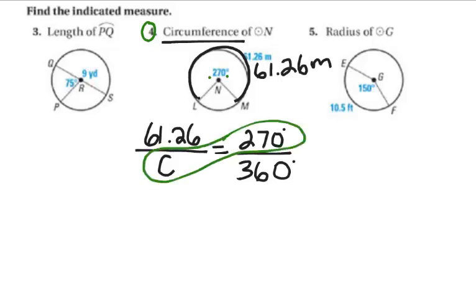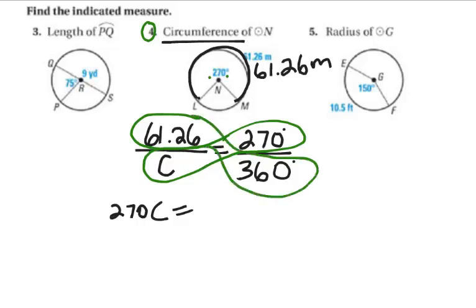C times 270. So I'm going to get 270c equals, and then we'll multiply the other side, 360 times 61.26.